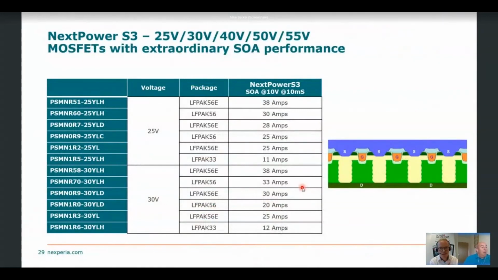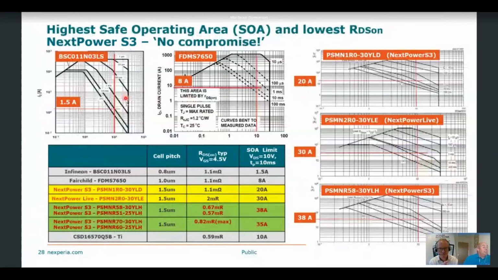If looking at some different competitor devices compared to Nexperia, you can see that there is potentially a massive difference in linear mode performance. Nexperia has some different kinds of technology that gives extremely strong linear mode performance. You can see that in the table.